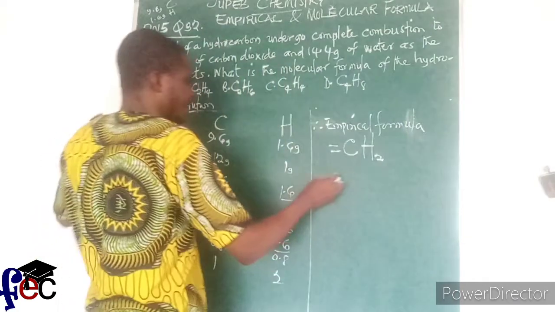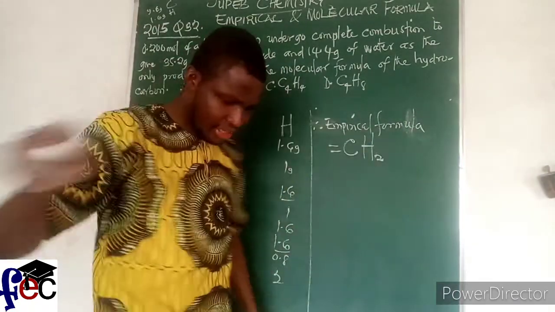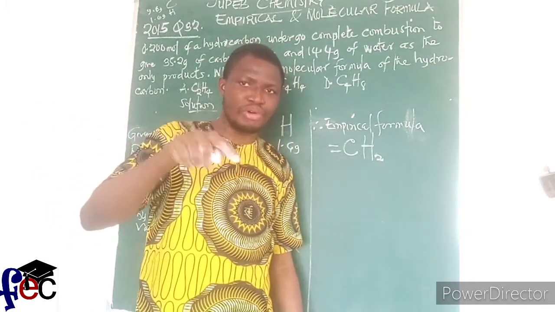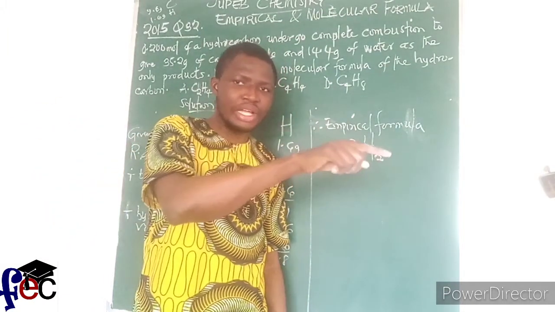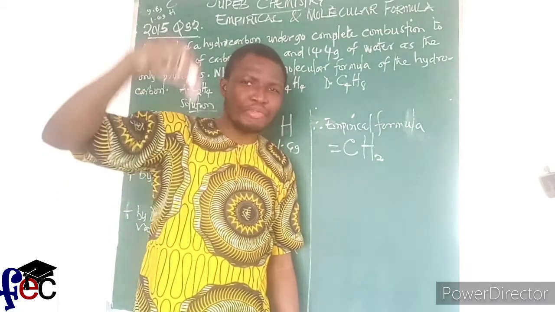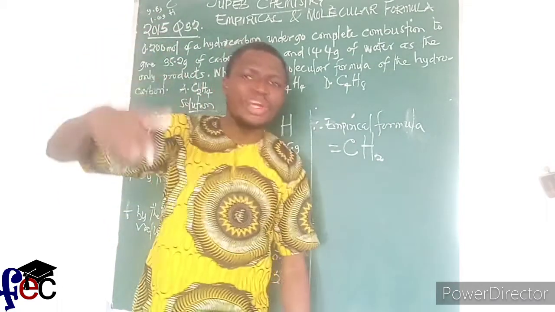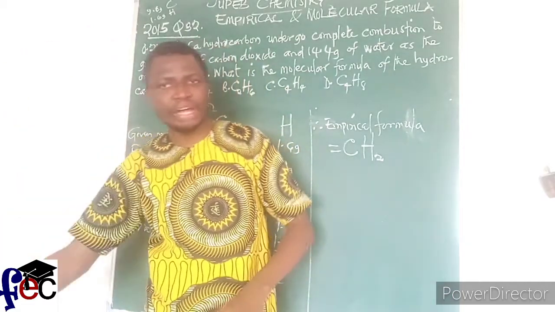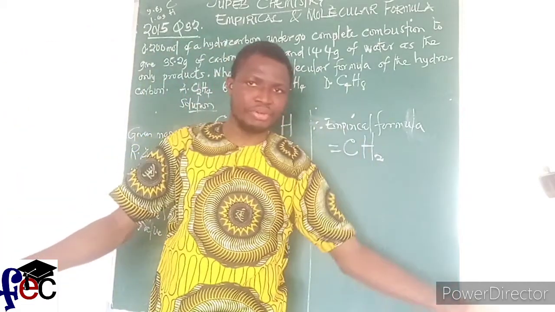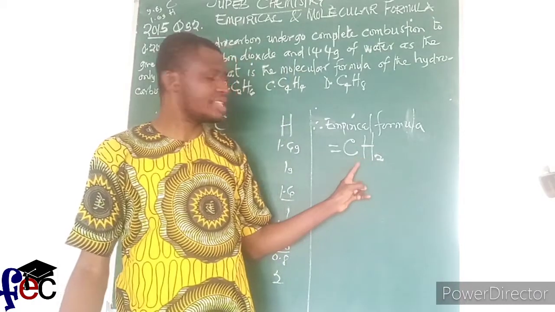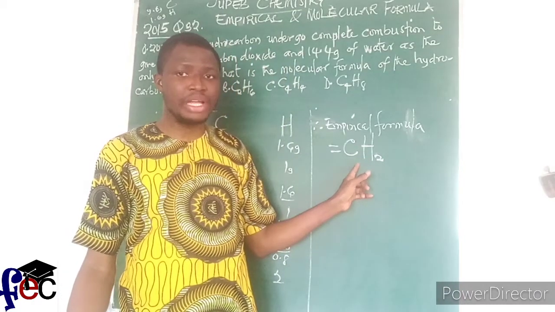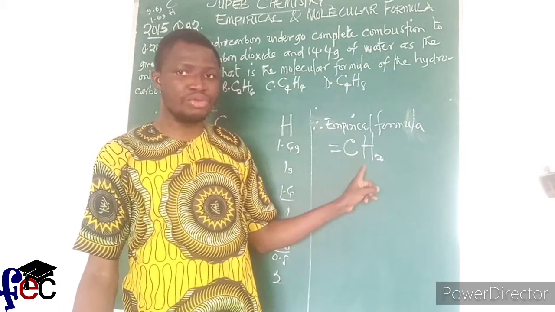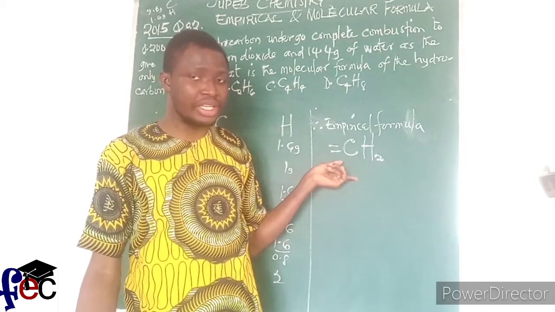If molecular formula is a multiple of empirical formula, to get that multiple factor, we will need the masses of the molecular formula and the empirical formula. I can easily get the mass of this empirical formula, which is referred to as the relative molecular mass of this compound, okay?